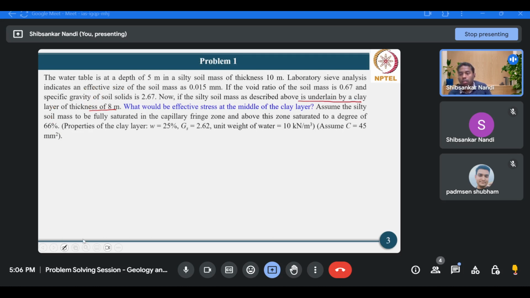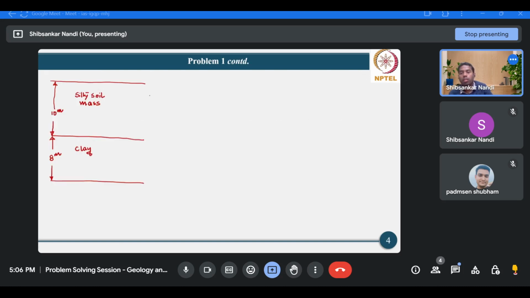Further, the properties of the silty soil mass are given as, the effective size of the soil mass is 0.015 millimeter. As you know, effective size is basically denoted by D10, right? So the D10 value is 0.015 millimeter.